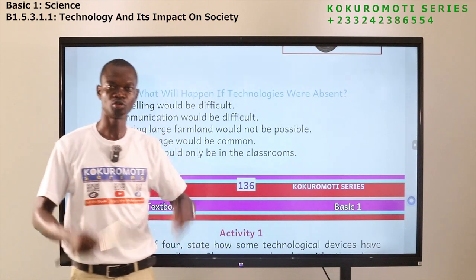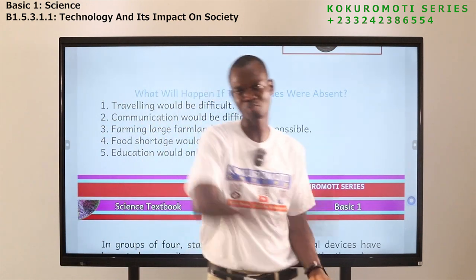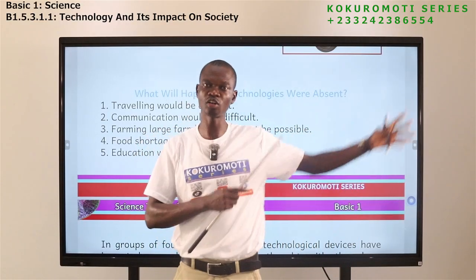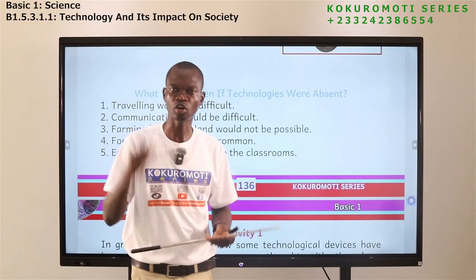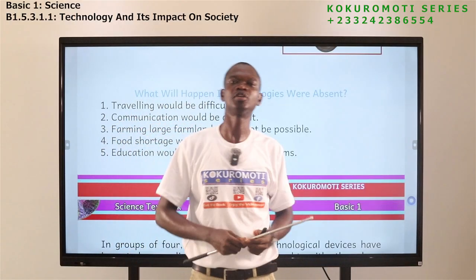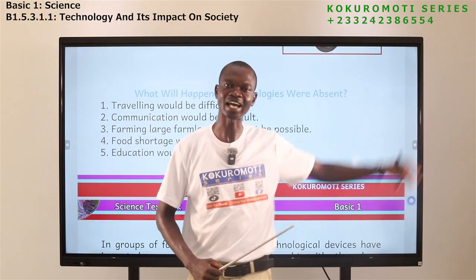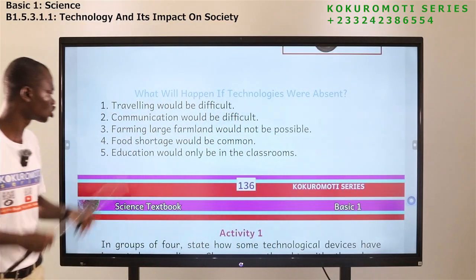Weevils, and will be attacked with pests, and we can't what? Get some after 2 months time. But because of technology, we are able to store them for a long time. Because of technology, apple can be what? Stored or preserved for a long time. Because of technology, cocoa can be stored or preserved for a long time. So technology helps us to what? Prevent what? Shortage of what?